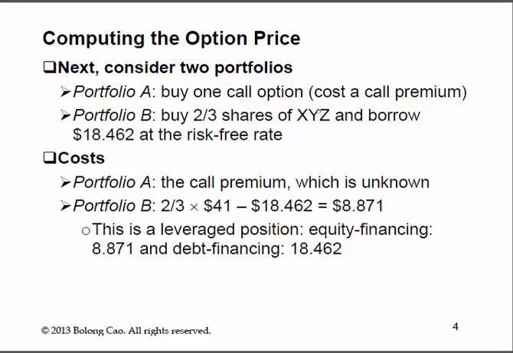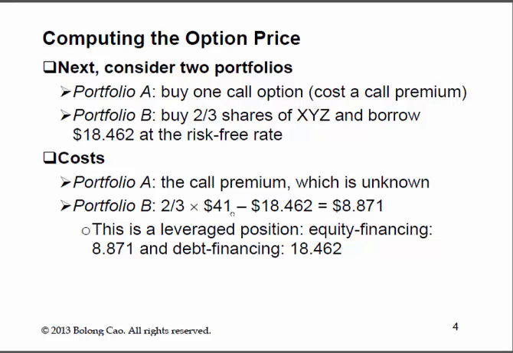The cost for portfolio A is the call premium. That's the number we would like to know. But portfolio B has a very explicit cost, right? 2/3 of a share is 2/3 of $41. $41 is the current underlying price, right, for stock XYZ.